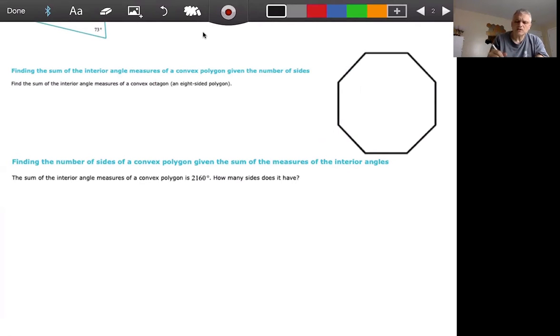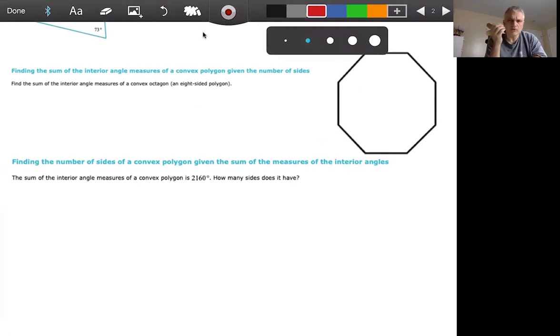So we just said that the sum of a quadrilateral's interior angles, at least convex quadrilaterals, is going to be 360 degrees. And you remember from previous work, Unit 3, and maybe even Unit 2, that the angles inside of a triangle add up to 180.